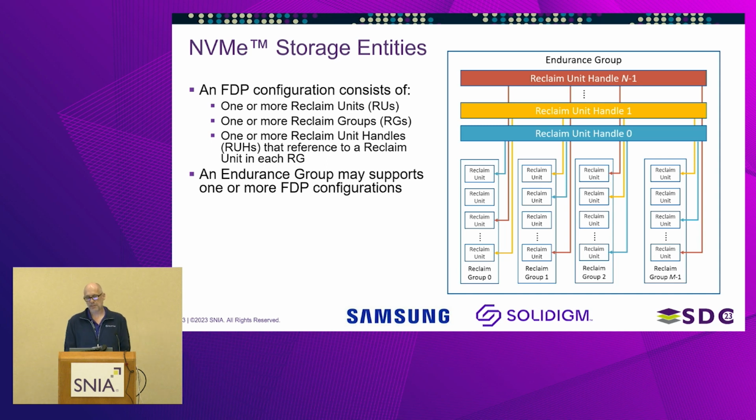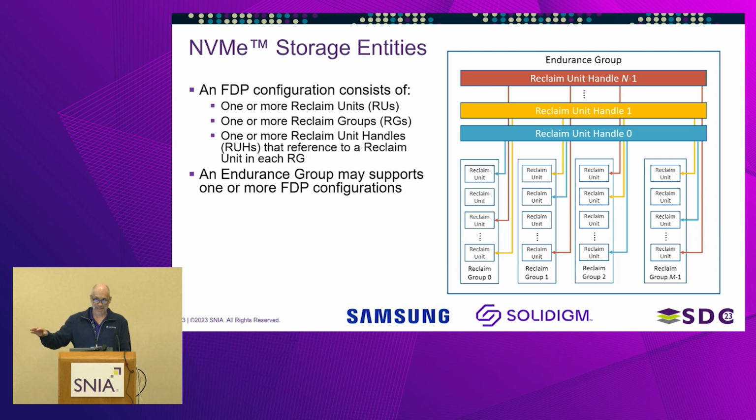So within this physical arrangement of NAND, it's basically hung inside an endurance group to maintain compatibility with the overall NVMe spec. And an endurance group, again, depending on what the vendor decides to define as a configuration for the drive, there could be one or more configurations within an endurance group.